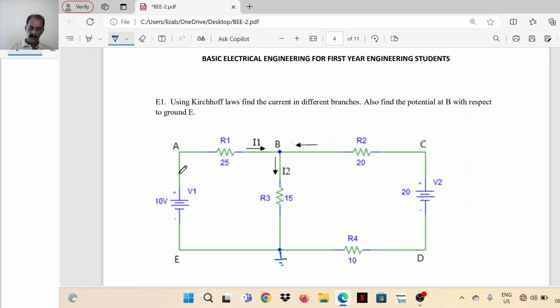So through these branches, that is EA and AB, the current assumed is I1. The 10 volt source is supplying the current, it is from A to B. So at junction B, a current is flowing to ground through resistor R3. This current, I'll take it as I3.